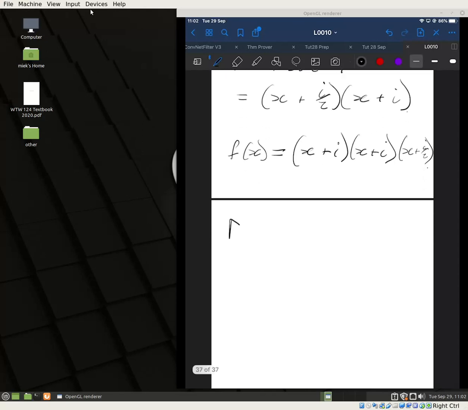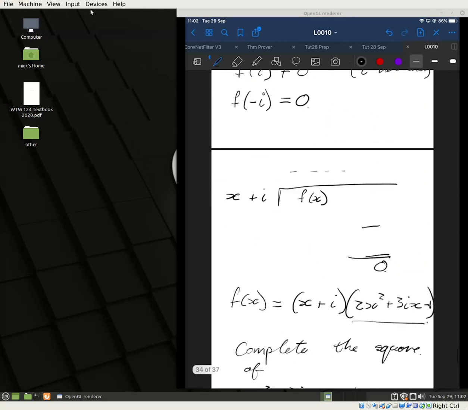So the roots are minus I, which occurs with multiplicity 2, and minus I over 2, which occurs with multiplicity 1. Okay, and there are the three roots of this cubic polynomial.